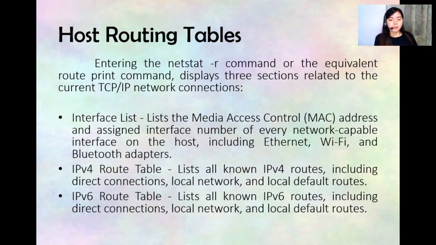IPv4 route table. Lists all known IPv4 routes including direct connections, local network, and local default routes. IPv6 route table. Lists all known IPv6 routes including direct connections, local network, and local default routes.